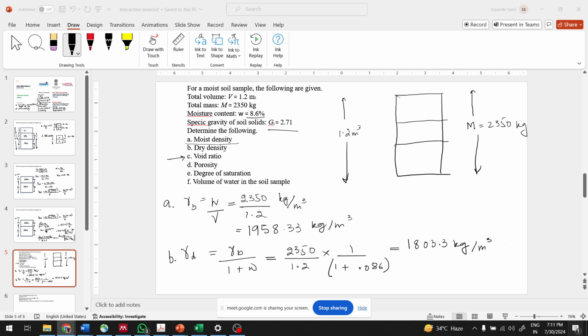Is anybody trying to find the void ratio? Or should I move on to the next part?